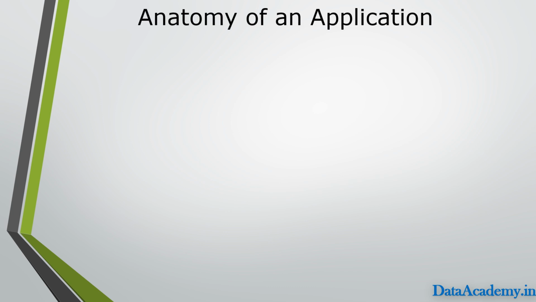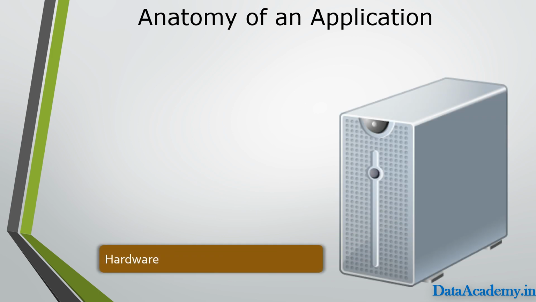Now we will look at the anatomy of an application, meaning let's take a deeper look into what an application is and what exactly it requires. So the first thing, as I said before, is the hardware.